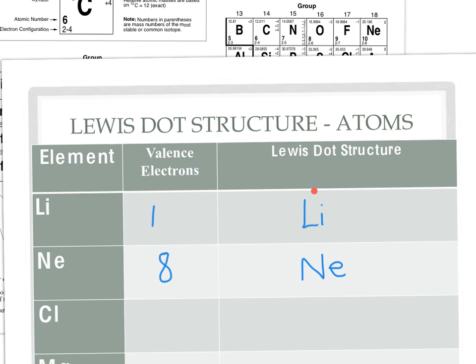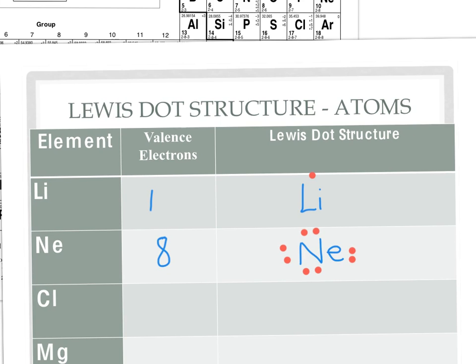So notice that in putting the dot, we need to put a dot on each side before we put it again. So for example, we put one on top, then one on the side, then one on the bottom, then one on the side. Then we do the next one next to it, again, right there, and right there. And that gives us 8 valence electrons around neon.